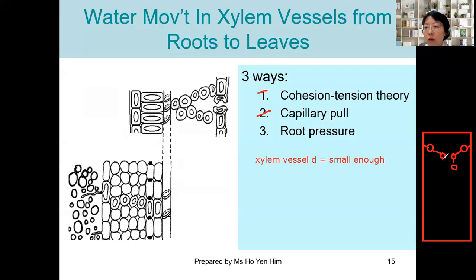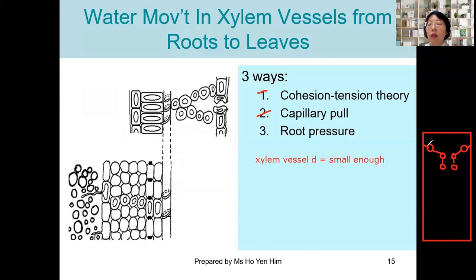Those that are not forming bond with the wall, how can they maintain themselves up here? It is because they are being held by the hydrogen bond from the water molecules that attach to the wall.